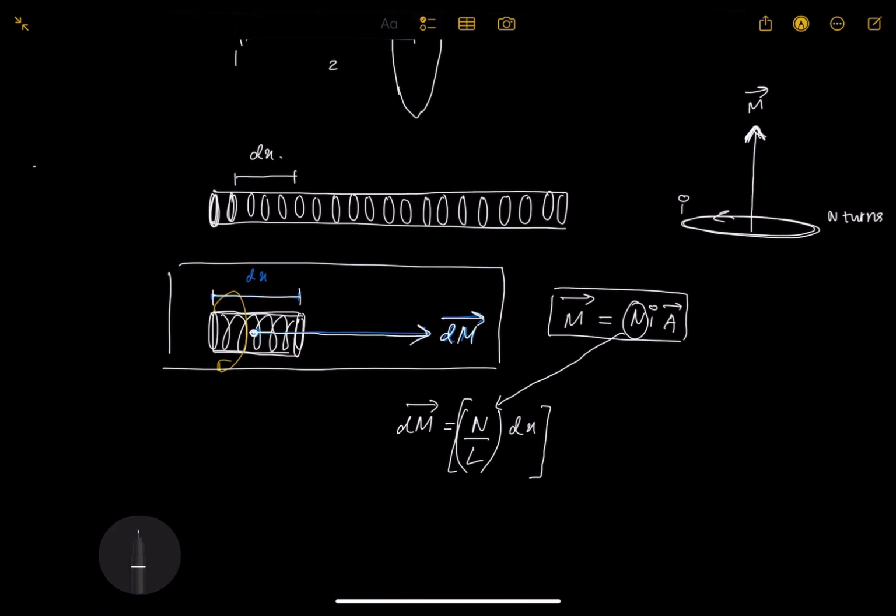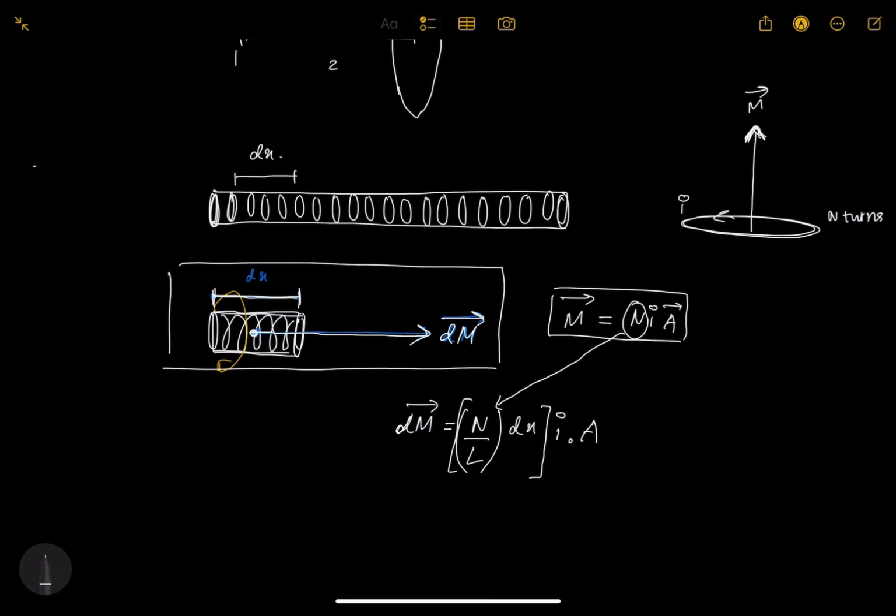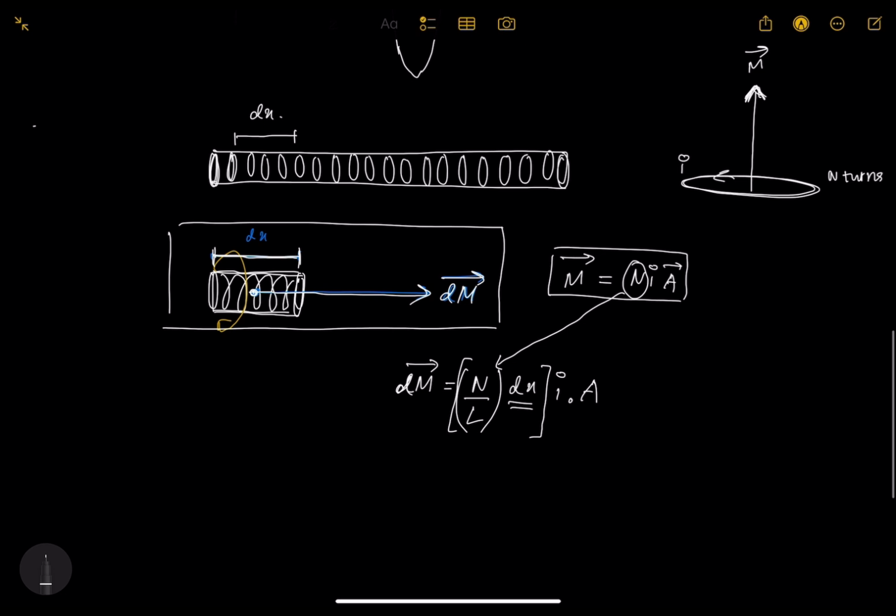So we have the total number of turns in that dx length, times I. The current has been given to us, and the solenoid has been powered by an ideal current source, times the area of the solenoid, and A is also a given variable. So congratulations, we've obtained the differential magnetic moment vector in terms of dx.